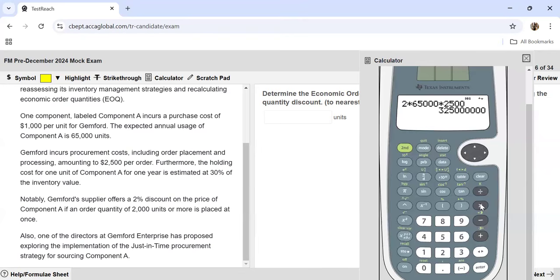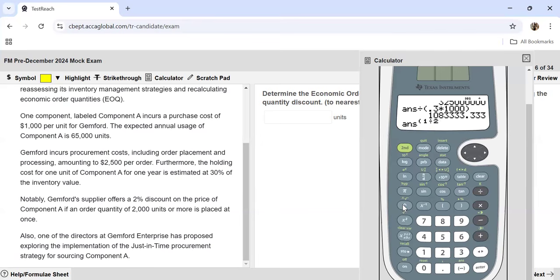Then this needs to be divided by the holding cost. For holding cost, we are given the information that it is going to be 30% of the purchase price. So 30%, or you can say 0.3, multiplied by $1,000, which is the purchase price. This gives us the fraction that we are looking for. If we take the square root of this, we will be able to find the EOQ answer.